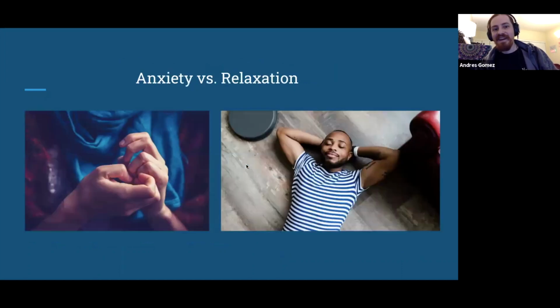Hopefully not. Also, let's say anxiety versus relaxation. Anxiety, you could almost describe as constant prediction errors. It's like, oh, did my heart do something strange? Is my leg positioned properly? Basically, it's a state of mind where all of these little imperfections bubble up to your awareness.